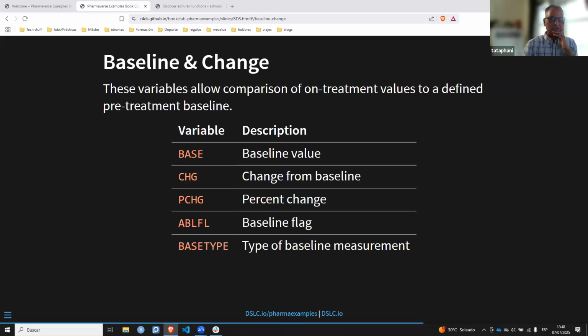For the sake of Jim, if you go back to this baseline, you need to understand what a baseline is first. For example, we are having something collected over 10 visits, say visit 1 to visit 10.